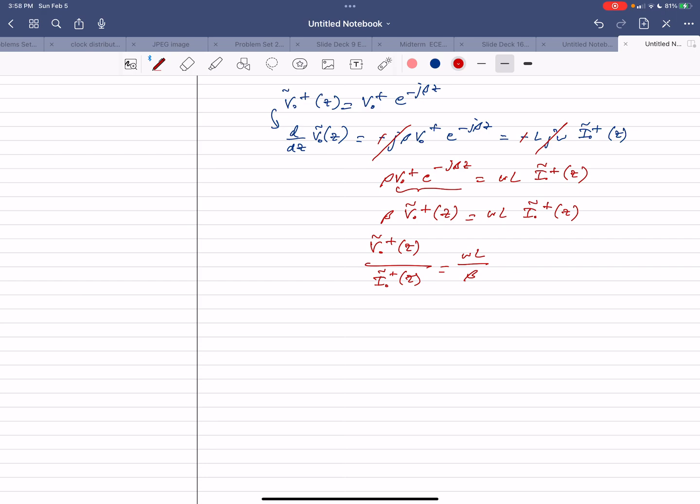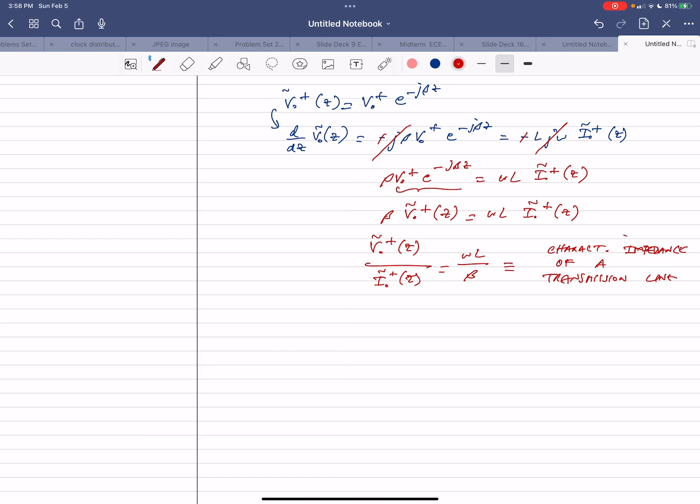So this is the relationship between the current and the voltage of a transmission line. Voltage over current looks like an impedance, and this is called the characteristic impedance of a transmission line.